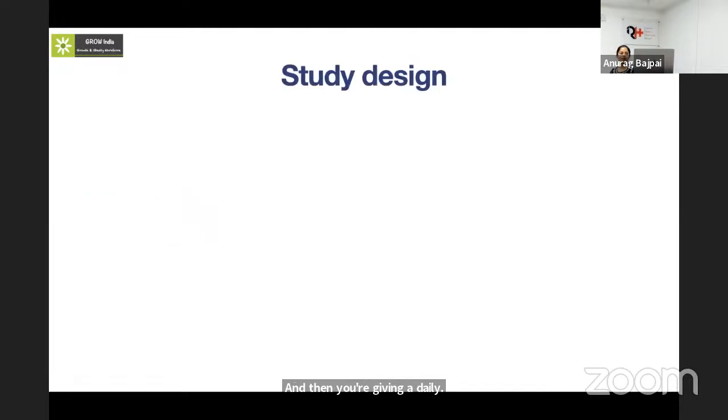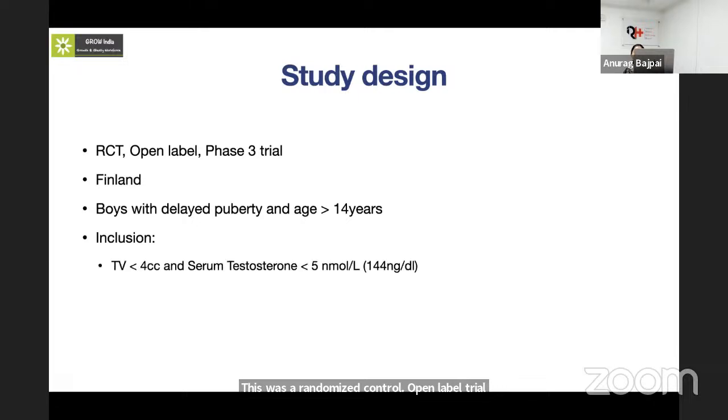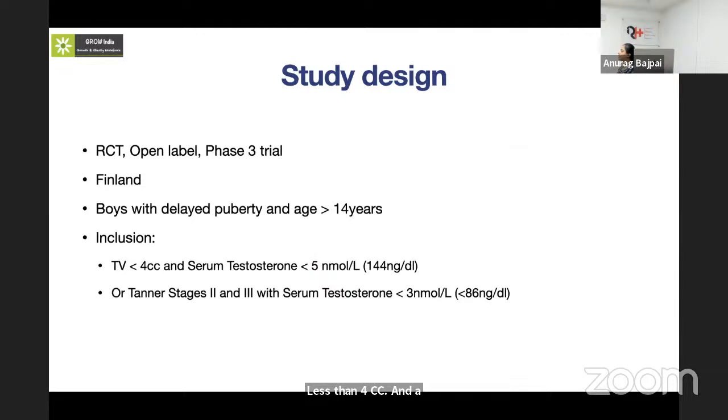You carry on. So this was a randomized controlled open label trial conducted in Finland. It included boys with delayed puberty who were older than 14 years of age. The inclusion criteria included a testicular volume of less than 4 cc and a serum testosterone of less than 5 nanomoles per liter.